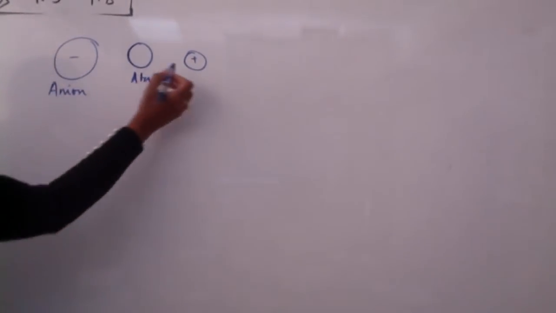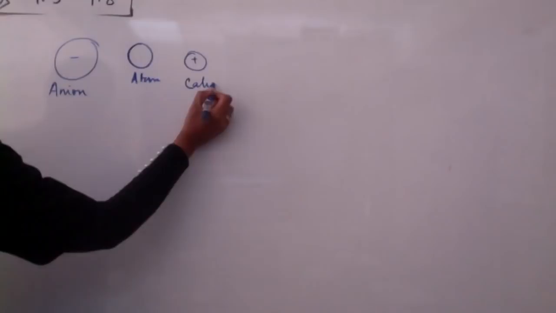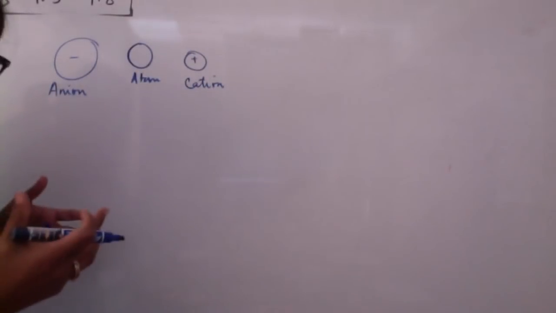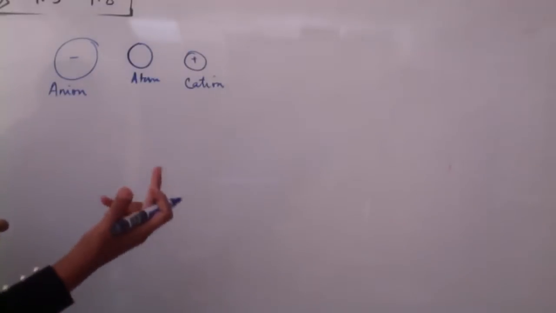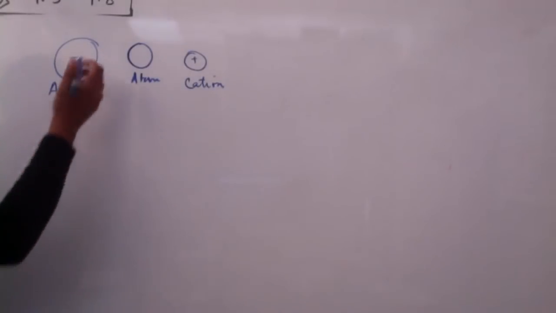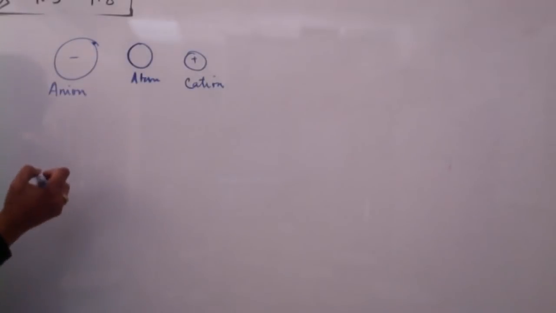And a cation's radius will always be smaller than its atom because of increased attraction or increased effective nuclear charge, whatever the case might be. So ionization energy for an anion is lower, and ionization energy for a cation is higher. Okay, so that is one thing to remember.